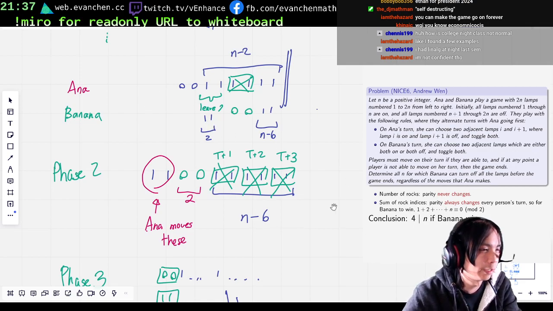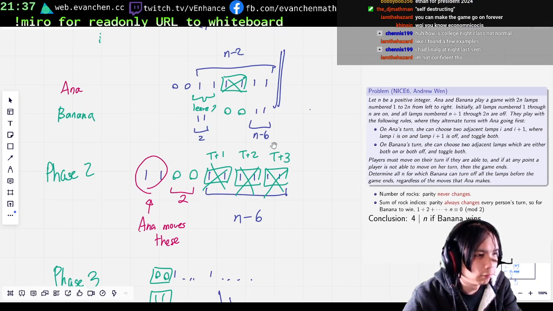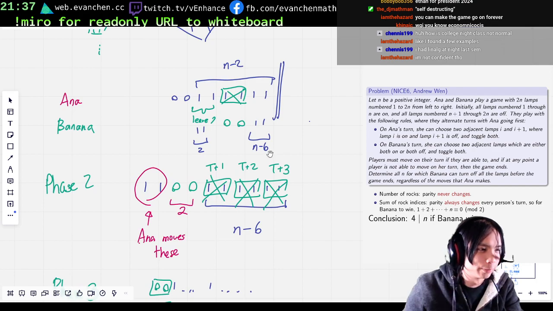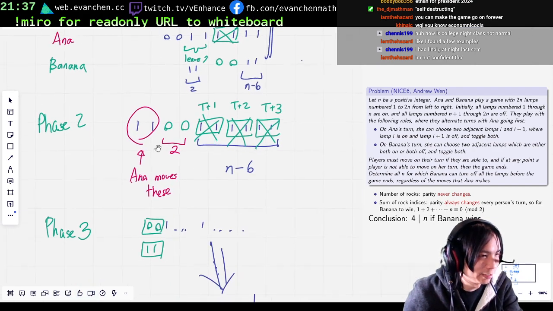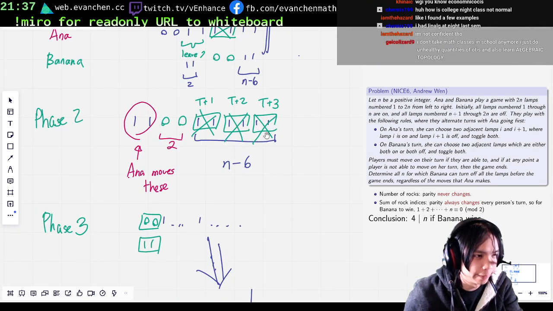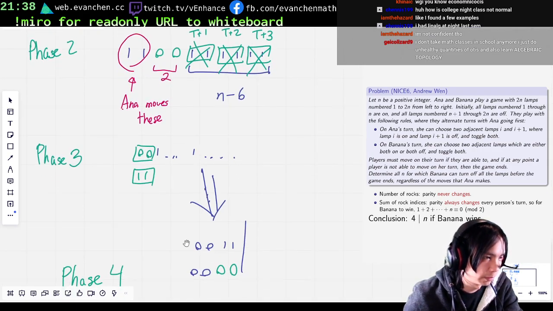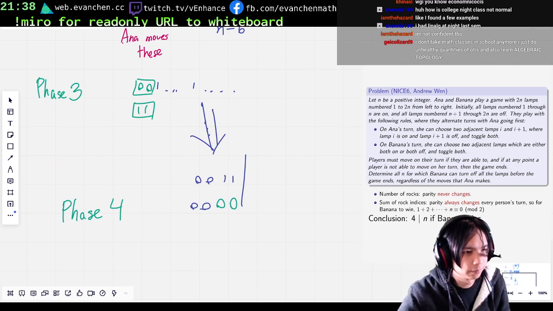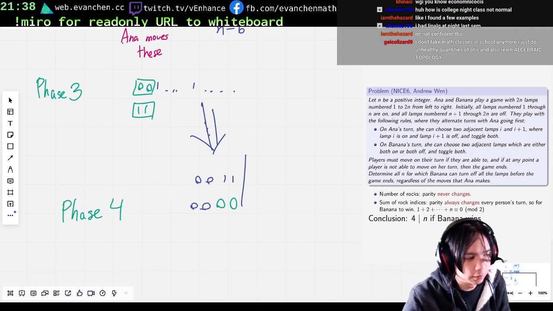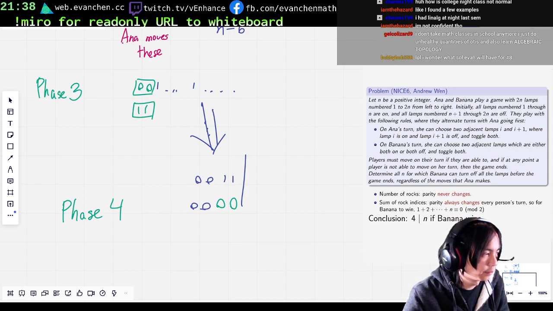So this is the one that I came up with that I thought was the cleanest, where the ones just move and there's only one place where you have to change strategy, which is to wipe out most of these. Then when you have 2 ones, that's also easy to deal with. But there are certainly other algorithms that should work as well.